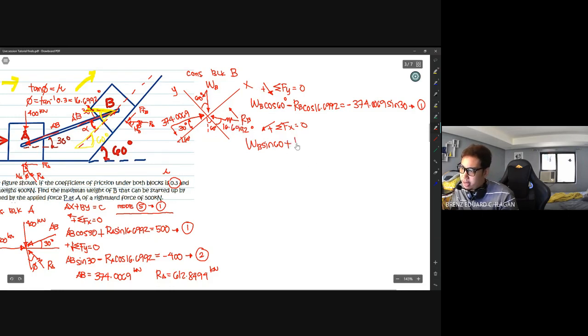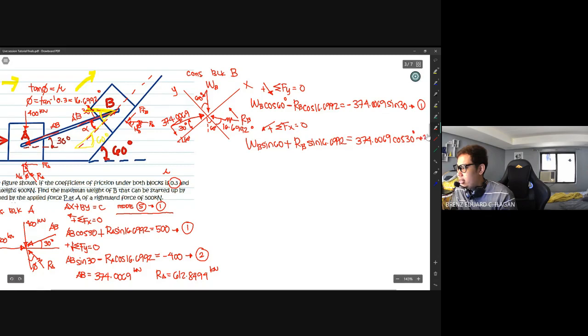So, positive RB sine 16.6992, equals to, papunta dun yun. So, minus dito, nilipat ko sa kabila, so magiging positive na, 374.0069 cosine 30.